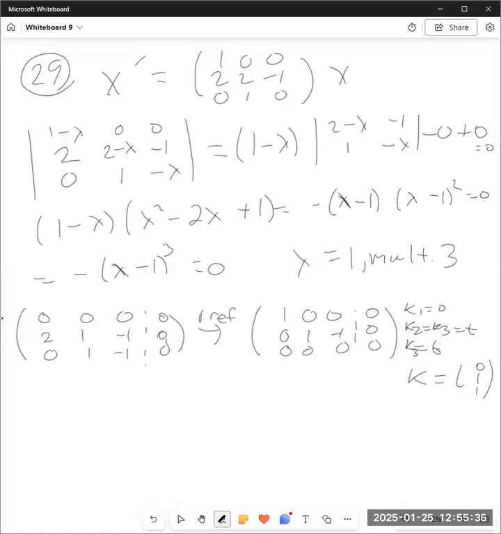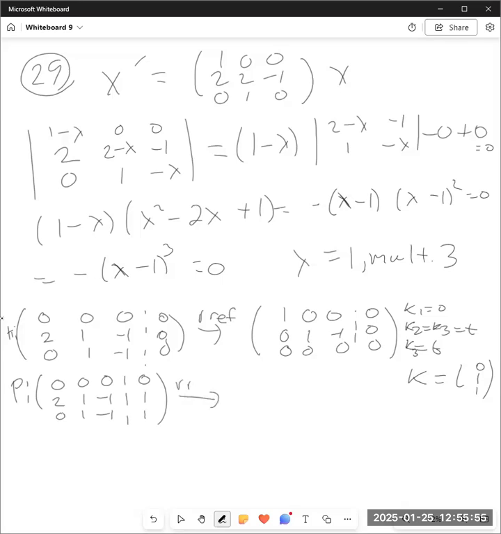Now to find my P, I need 0, 0, 0, 2, 1, negative 1, 0, 1, negative 1. And on this side goes 0, 1, 1.